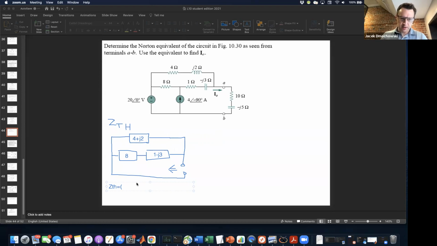The bottom branch I'm going to write as 9 minus j3, and the top branch as 4 plus j2, and that becomes, as a fraction, 9 minus j3 times 4 plus j2 over the sum.